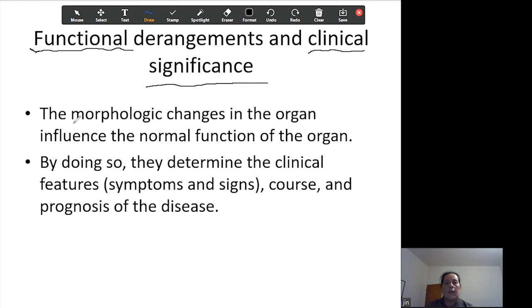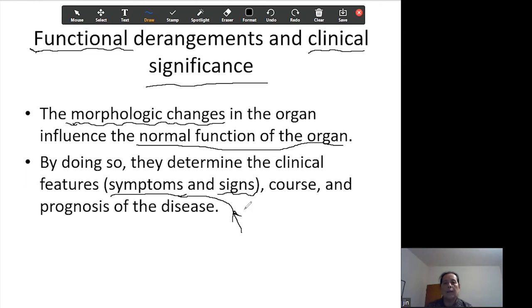So we say the function basically depends on the shape being normal. When the shape changes, it affects the normal functions of the organs. So clinically, we can see the symptoms and the signs during the illness. Symptoms, which we talked about last week, are abnormal conditions the patient can feel.